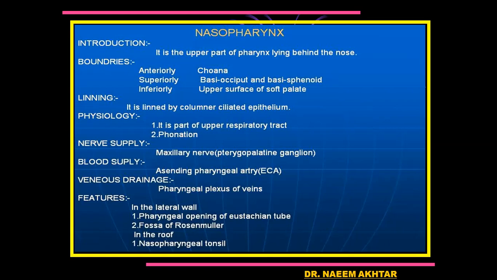The important features of the nasopharynx are that in the lateral wall, we have pharyngeal opening of the eustachian tubes. Second, we have fossa of Rosenmuller, and in the roof, we have nasopharyngeal tonsil, which is commonly called adenoids in children.